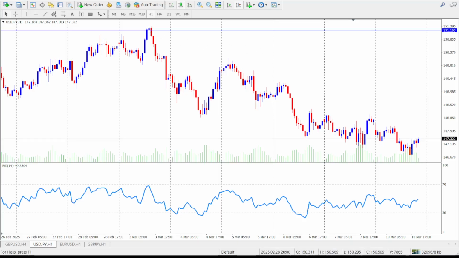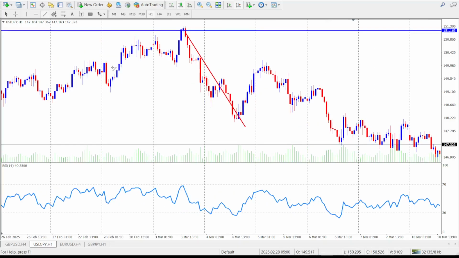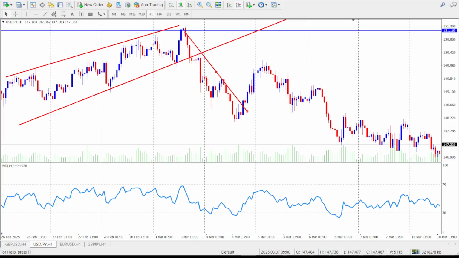You can see this as an example. When the RSI got towards the 70 level, you can see that shortly afterwards, as the RSI started coming back down, we had a reversal. This was initially a bullish move. As you can see, we had a bullish trend just before this overbought condition, or let's say near overbought condition, happened, and just shortly afterwards we had a bearish reversal.